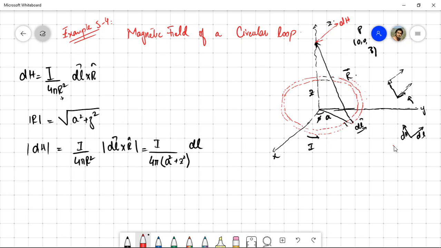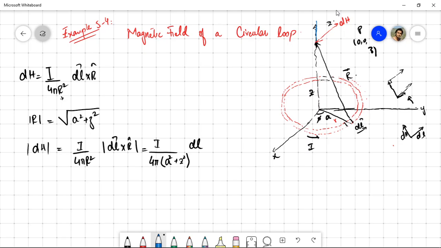If we take a look at this thing, this is the r, it has one component in small r's direction and the other component in z's direction. If we're talking about the cylindrical coordinate system here, this is r's direction and this is z's direction. Similarly, since dH is perpendicular to r, it also has two components, one in r's direction and the other in z's direction. So we'll draw those components.